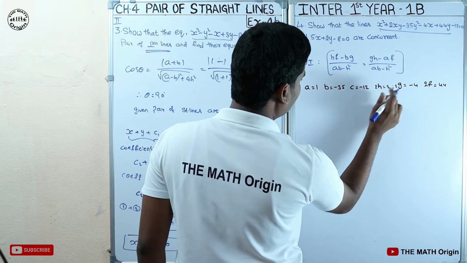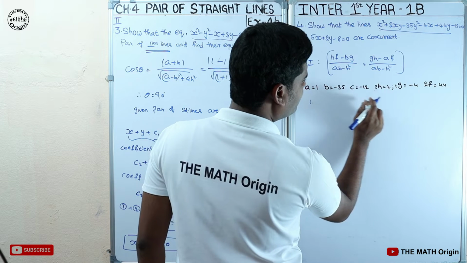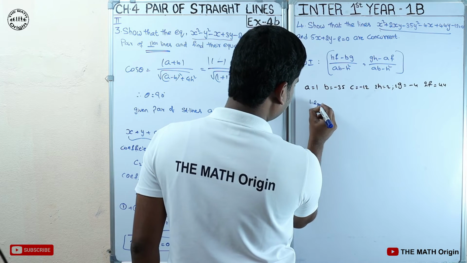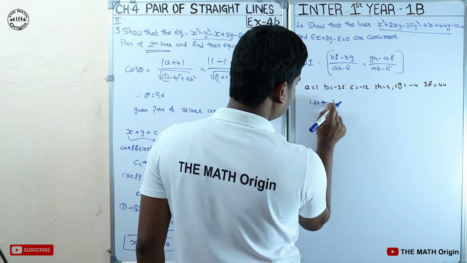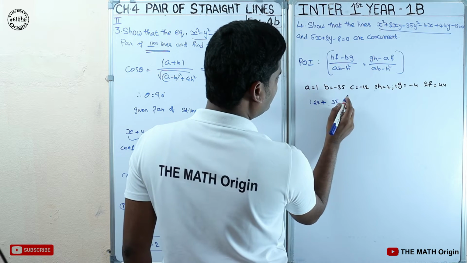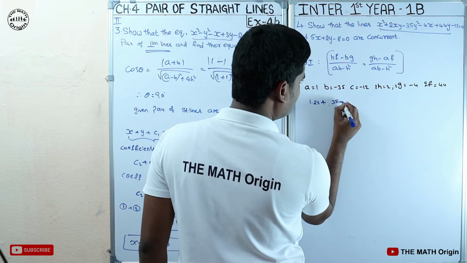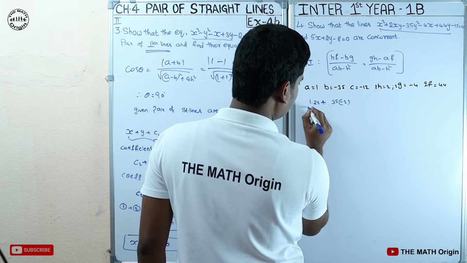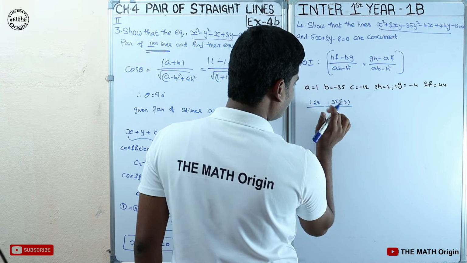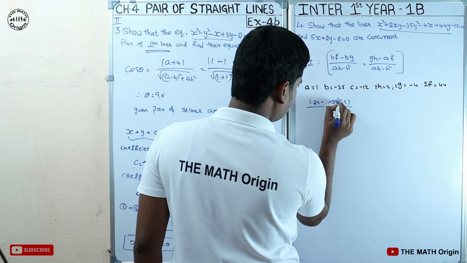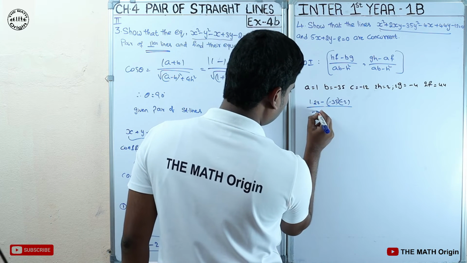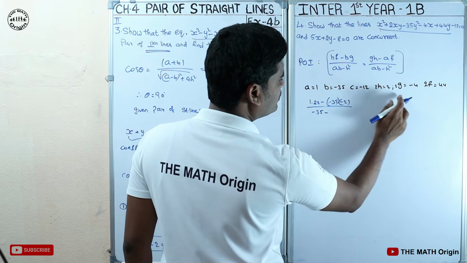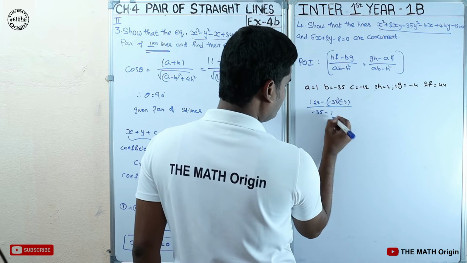HF: H means 1 into F means 22, minus B means minus 35, I will make it plus 35, and G means minus 2. Whole divided by AB, A into B, minus 35, minus H square, H value is 1, square is 1.